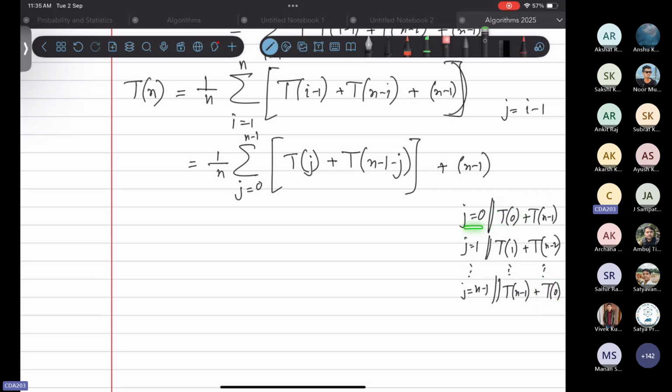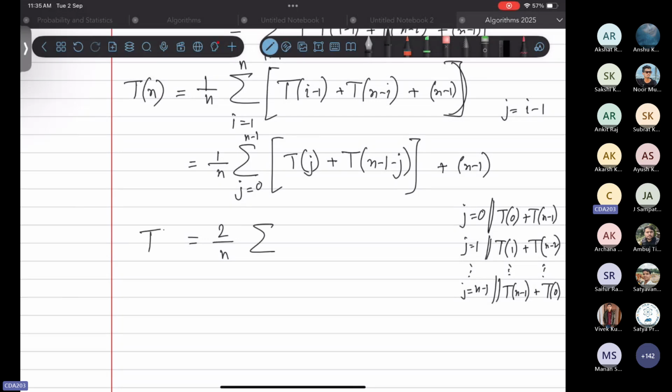For j equal to 0, I'm getting t0, and for j equal to n minus 1, here also I'm getting t0. Here I'm getting n minus 1, here also I'm getting n minus 1. So all these tj terms will appear twice. Okay, so then I can write this as a summation.